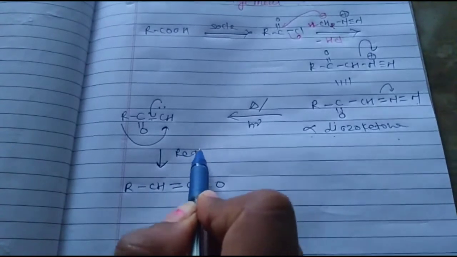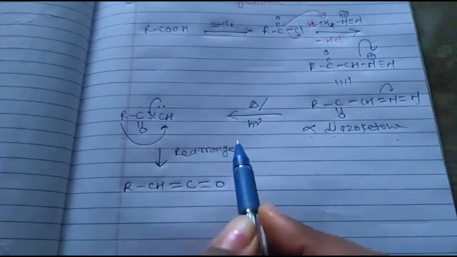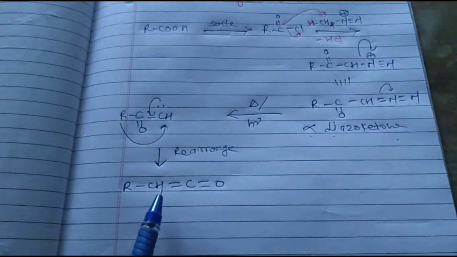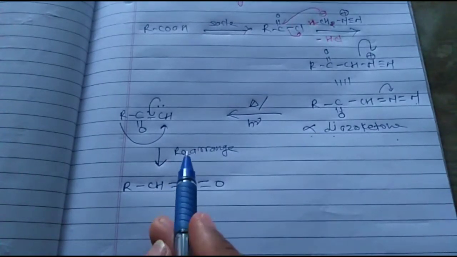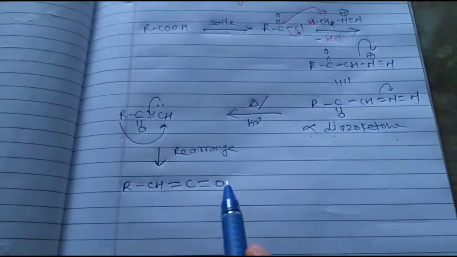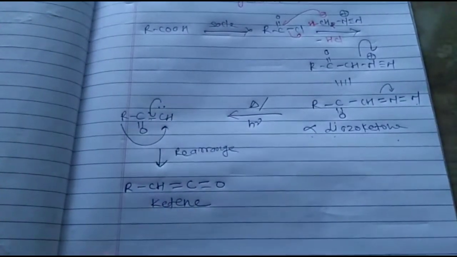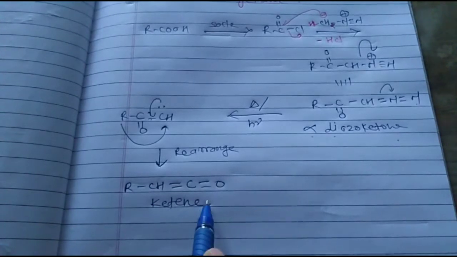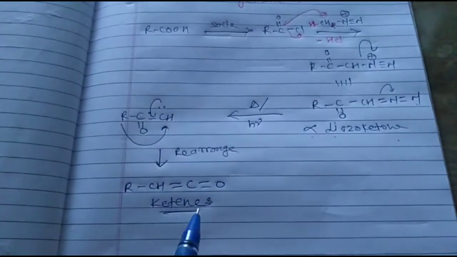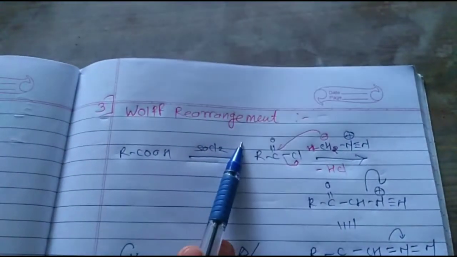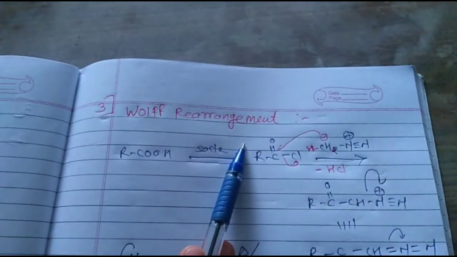This carbene is rearranged in this manner, and this rearrangement product is called a ketene. The formation of this ketene is known as the Wolff rearrangement reaction.